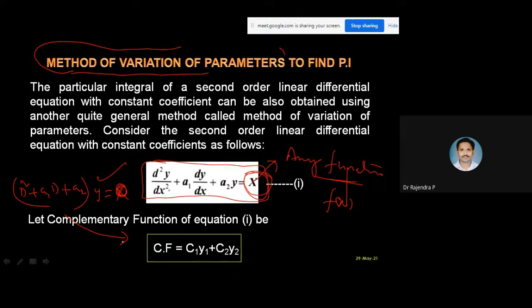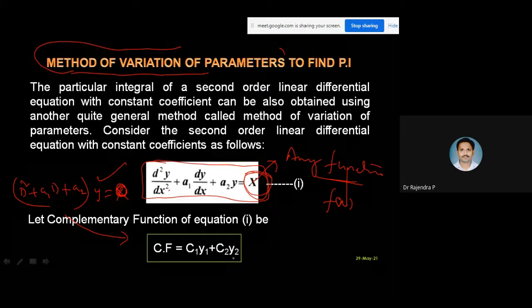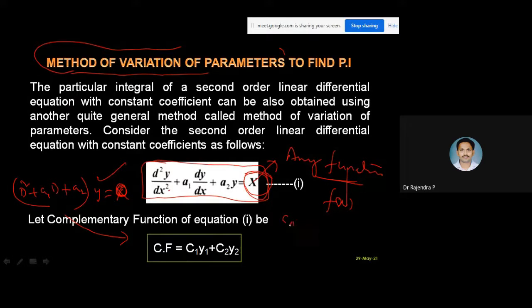Okay. So that complementary function form I am taking as independent terms, c1 y1 plus c2 y2. Suppose I have the complementary function as something like CF equals c1 plus c2 x into e power 2x. I can write that, by multiplying this e power 2x inside, as c1 e power 2x plus c2 x e power 2x.